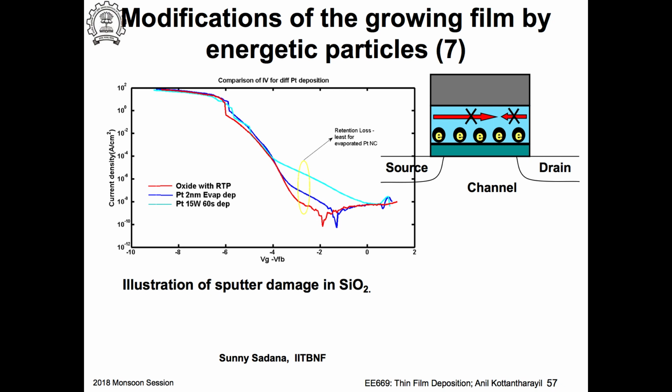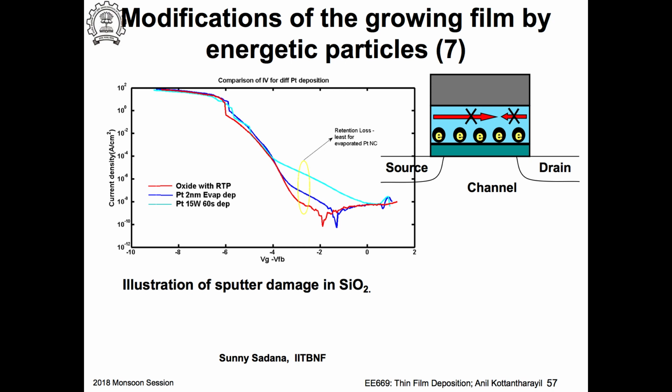And the objective is, why not use a continuous metal layer? If I have any weak spot in the dielectric, which is generated during the operation of this device, then all the charge in a continuous metal will just leak out through this point.